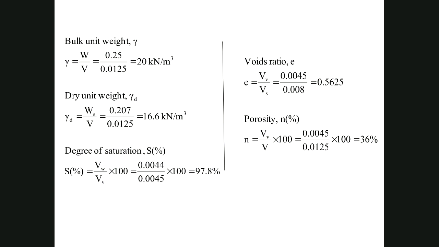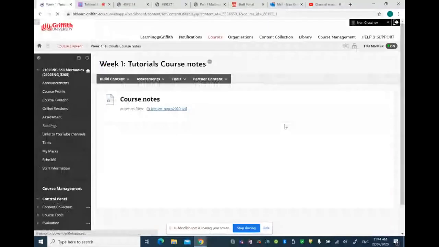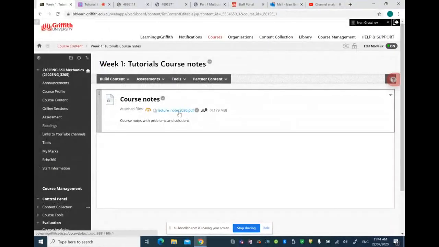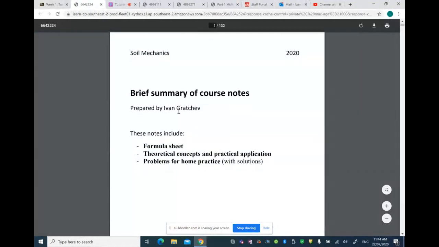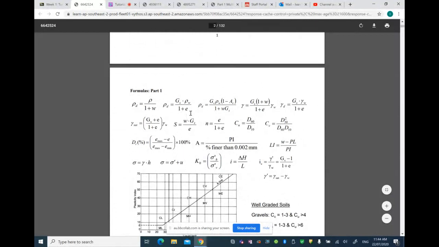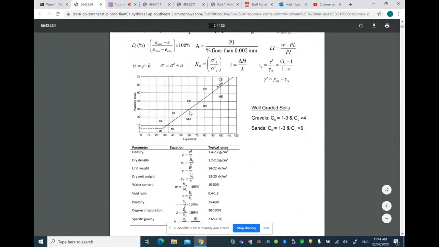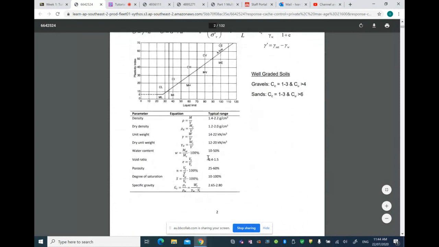First of all, you can find all notes on this summary. So formula part 1, you see specific gravity, density, void ratio, all here. Also definitions all here.